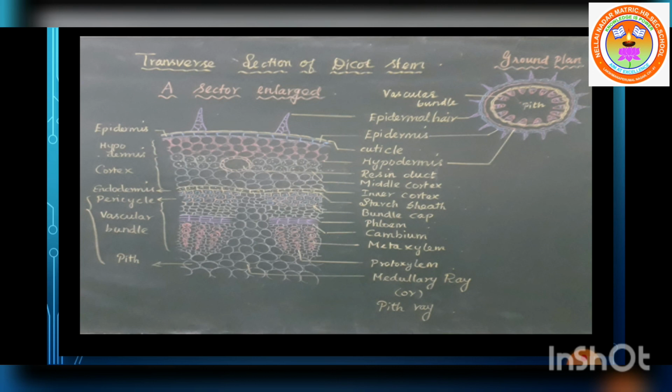So it comprises 3 different types of tissue system: epidermal tissue system, ground tissue system, which is differentiated into cortex, endodermis, pericycle and pith, then vascular tissue system with xylem and phloem and also cambium. So this is about the primary structure of dicotyledonous stem.